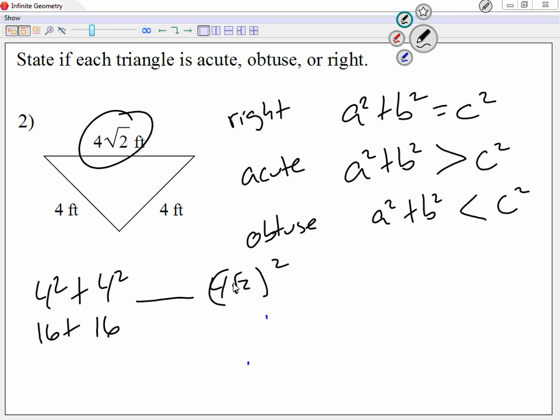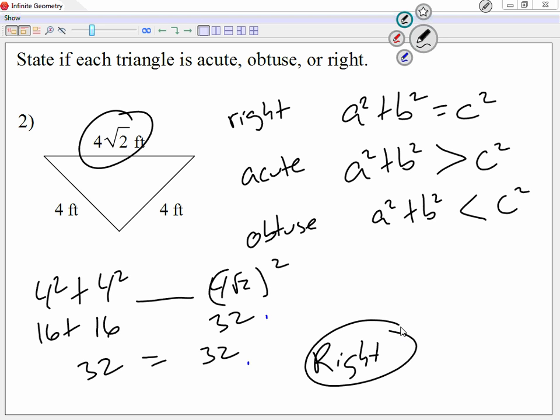Another 16. How much is 4 radical 2 all squared? 32. Nice. On the left side, how much is 16 plus 16? 32. So 32 and 32, we get an equal sign in between them. Is this right, acute, or obtuse? Right. Some of them will be acute and some of them will be obtuse.